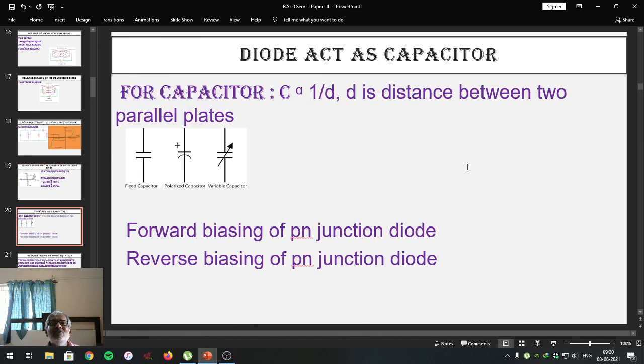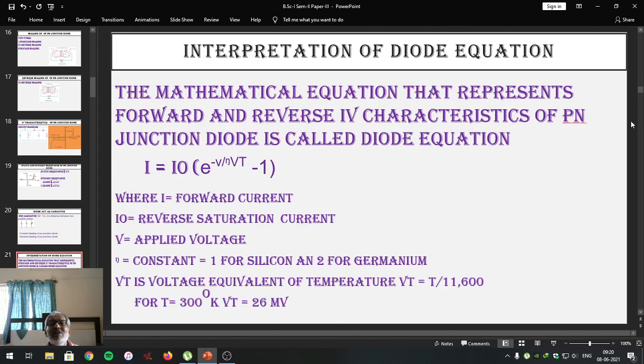We also studied how a PN junction diode behaves like a capacitor, and how an analogy is drawn between the capacitor and the working of a PN junction diode. And lastly, we studied the diode equation, I = I0 (e^(V/(η Vt)) − 1). We have interpreted all the terminology used in this equation.